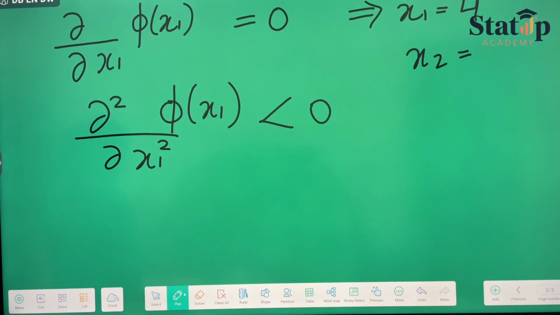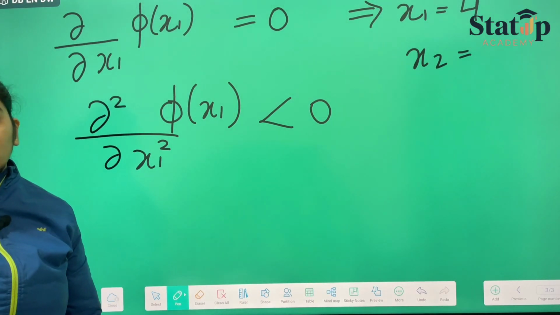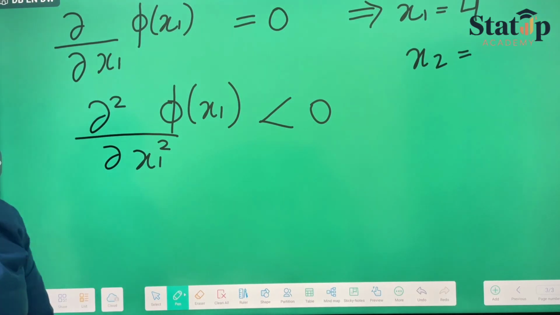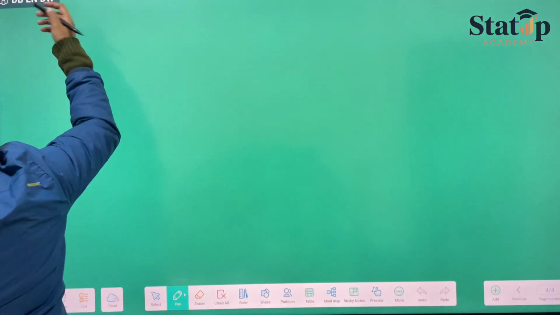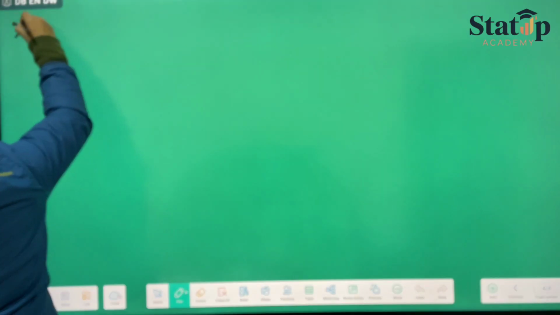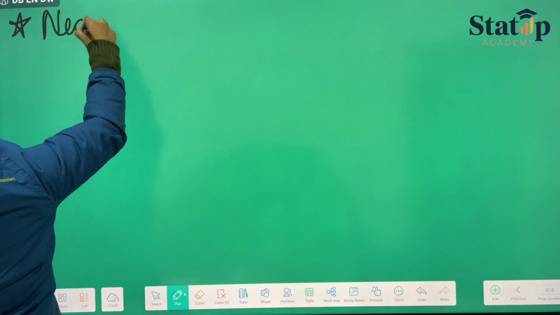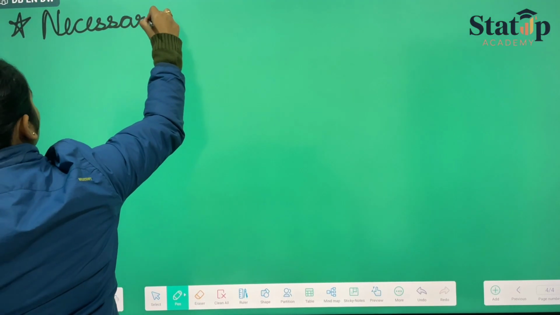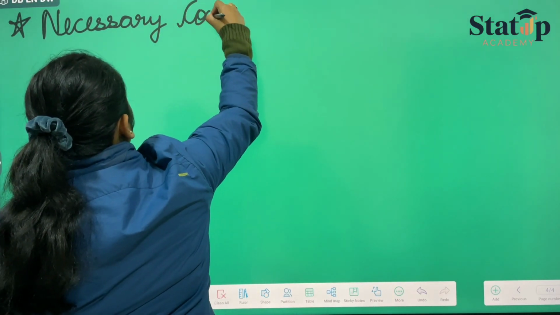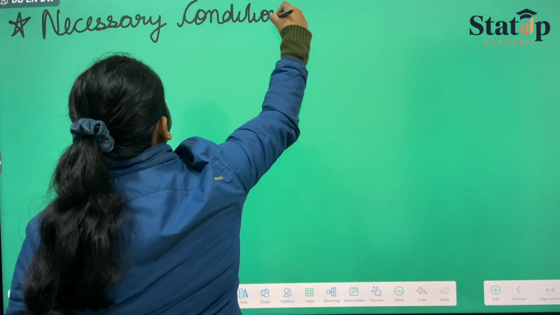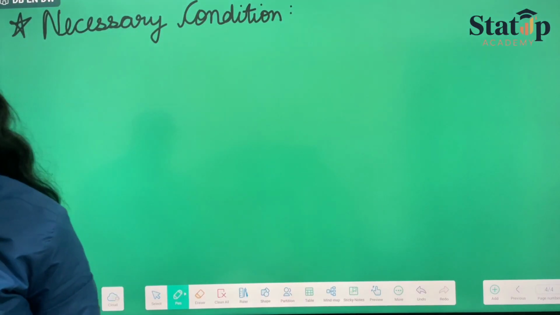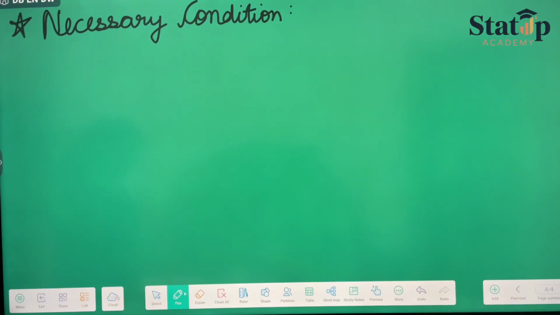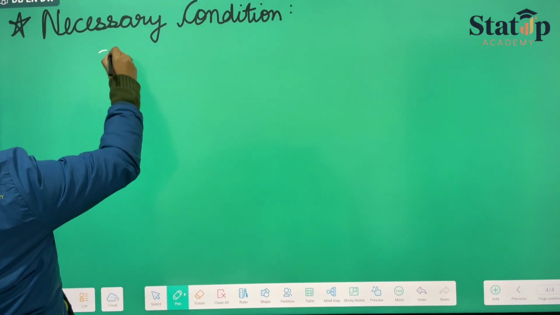So this is what we had to do about constrained utility maximization. Now there are two conditions. First is the necessary condition and the other one is the sufficient condition. If I say about the necessary condition, we know that we have to differentiate the utility function.